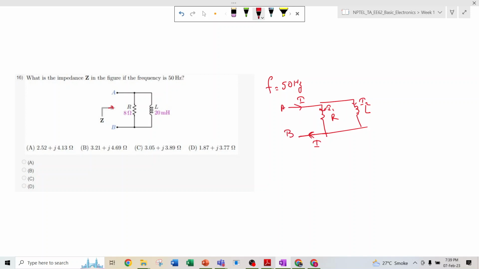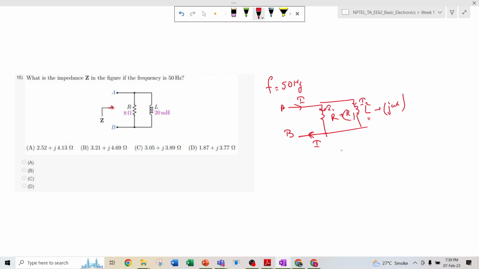These I1 and I2, this R and L will be in parallel because the current is dividing and then again joining. So in the phasor form, this L can be written as j omega L, and this R can be referred as R. So R and j omega L are in parallel.